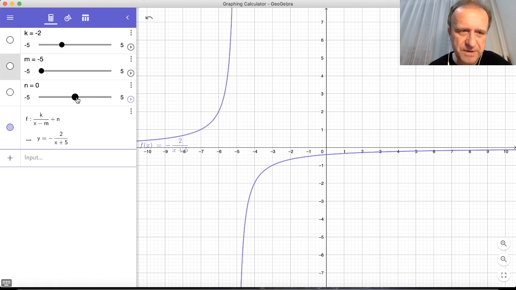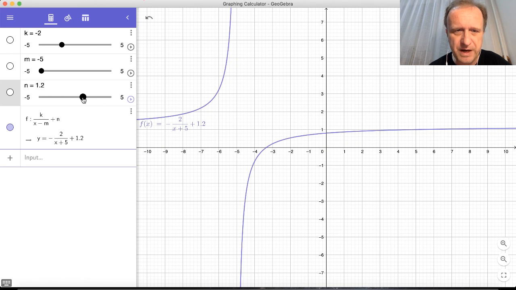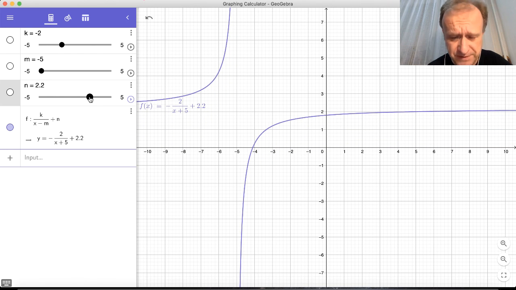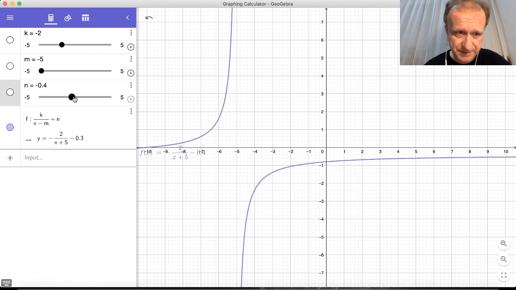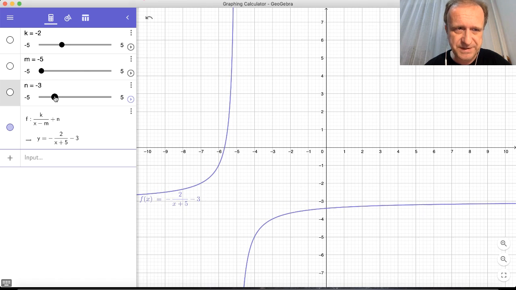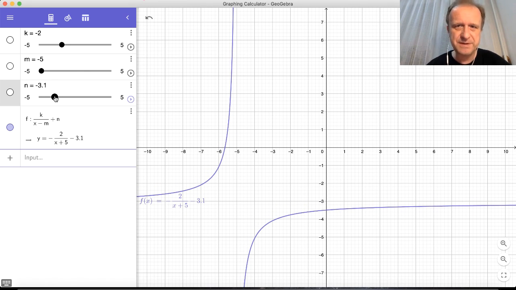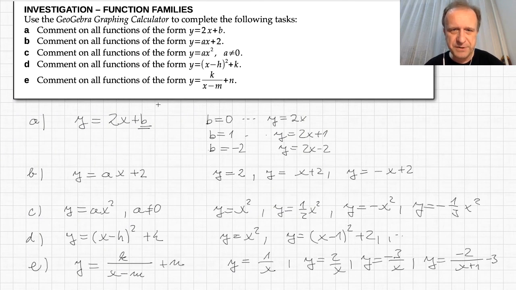When I do the same with n, increasing n means shifting the whole graph upwards, translating it in the vertical direction, and when I decrease n, the entire graph is translated downwards. So this is what you already should have known about all these function families. We have studied those in previous chapters.